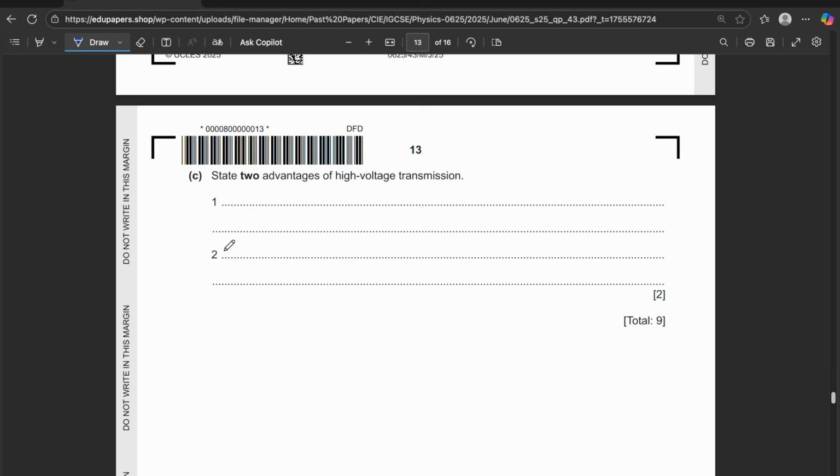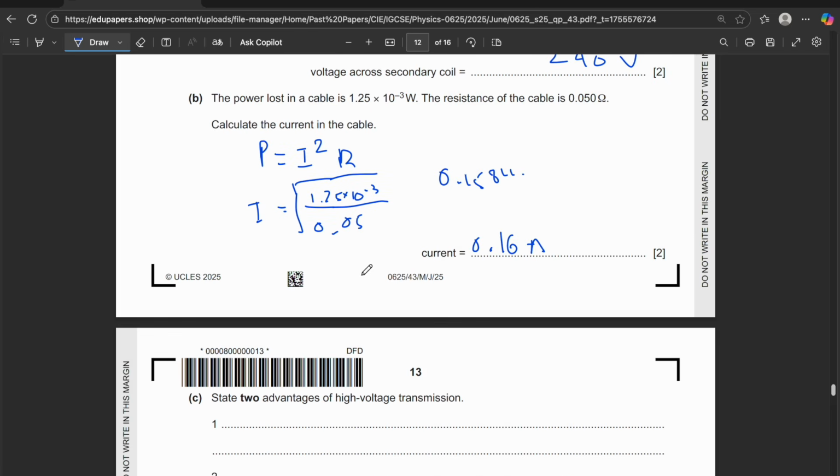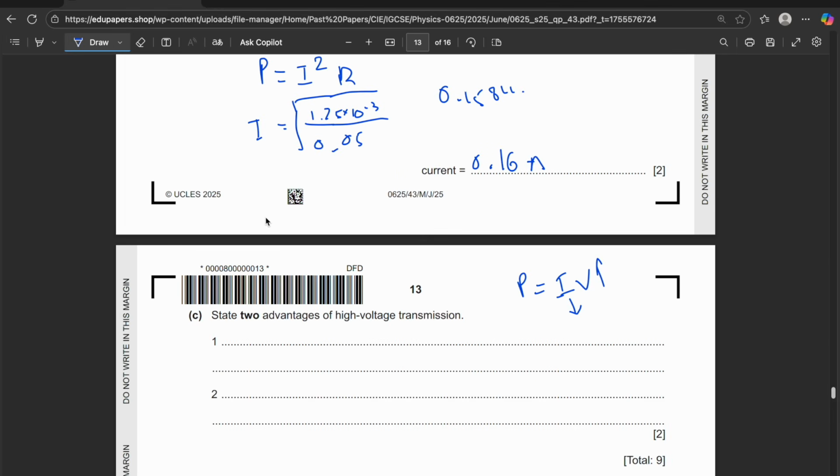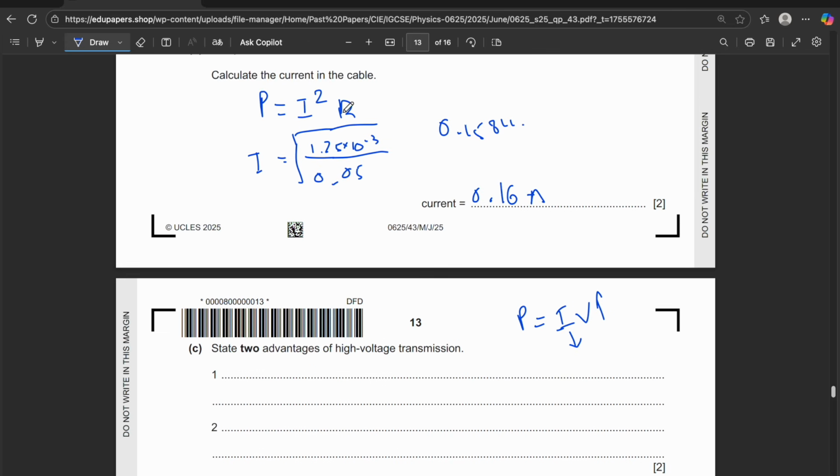C. State two advantages of high voltage transmission. So if there is high voltage, then you can see that this current will be low because P is equal to IV. So if voltage is high, current is low, so this power loss will be low as well. So you can write first thing, there is less power loss, and because of that you can use thinner cables.